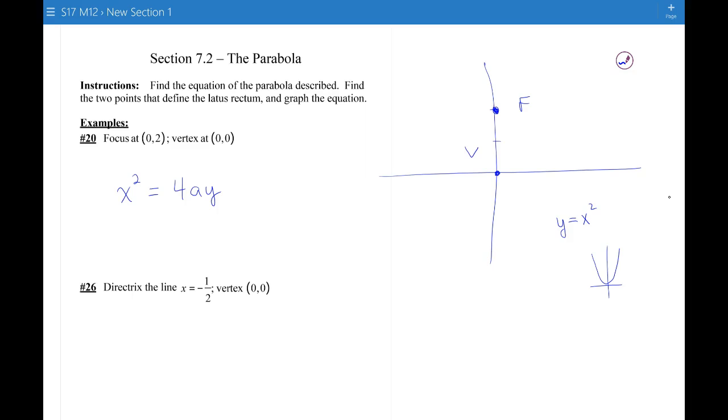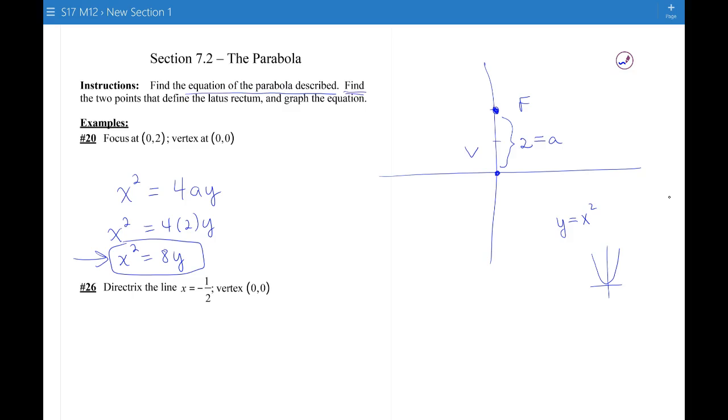But what we do know is this distance from focus to vertex is 2, and this is what a is. So I have x squared equals 4 times 2 times y, or x squared equals 8y. So this is the equation of the parabola, this part here.